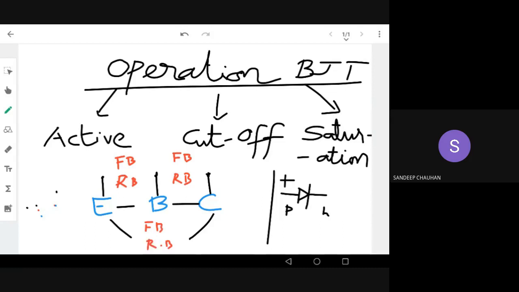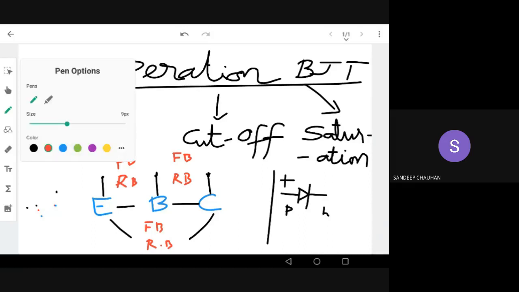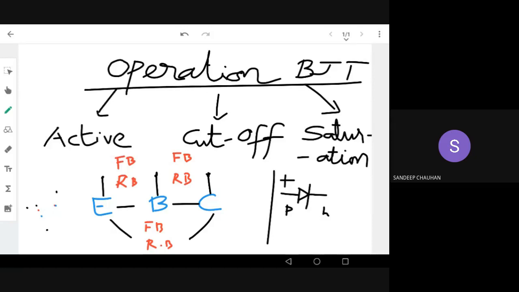It's very simple. So how many total possibilities will there be? For each junction, emitter base, base collector, and emitter collector, there are two possibilities. How many in total? We already discussed the principle of counting: if one thing can happen in m ways and another thing can happen in n ways, both things can together happen in m into n ways.